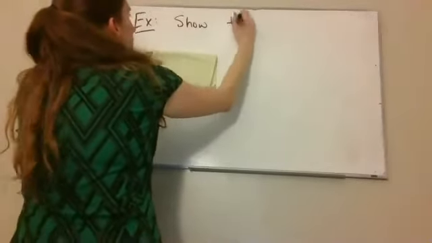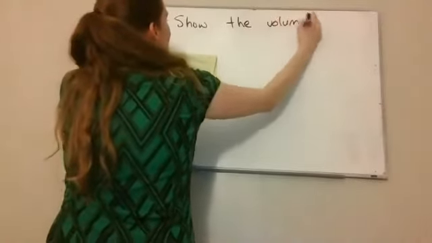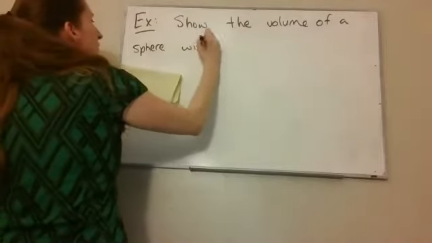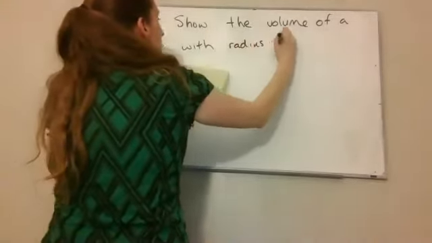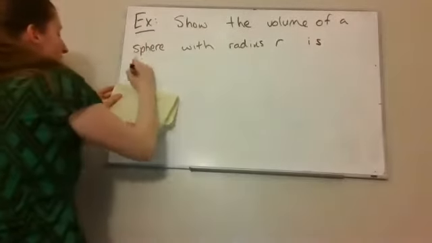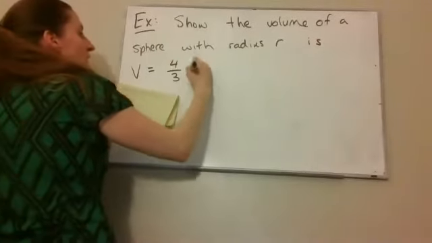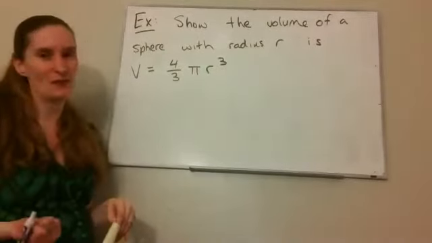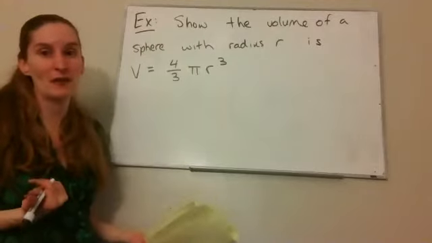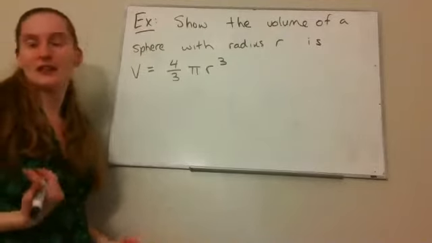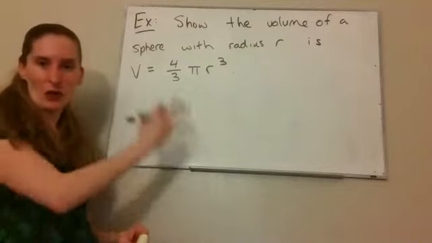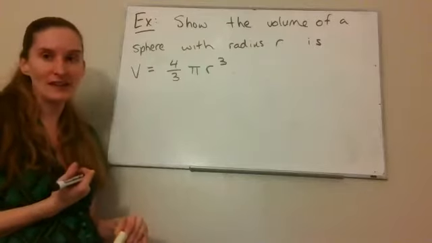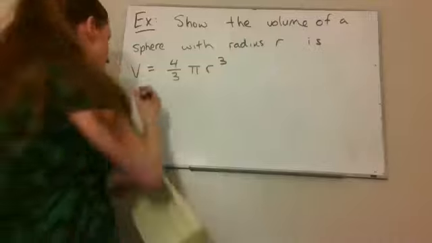So we're going to show that the volume of a sphere with radius r is equal to 4/3 pi r cubed. Hopefully that formula looks familiar, because then this will help convince you that this is a valid way to find volume. We are going to find the volume of a sphere by drawing it out, slicing it, finding the area of a cross-sectional face, and integrating that area.